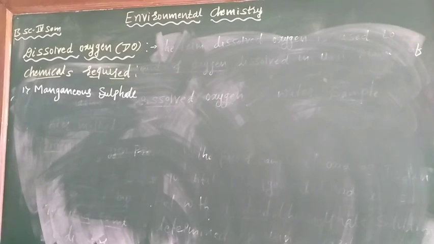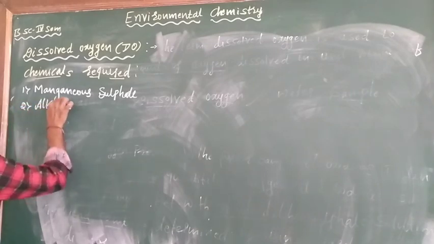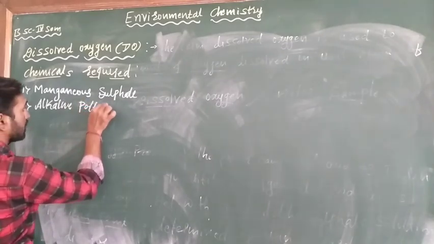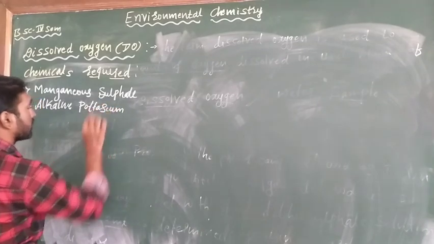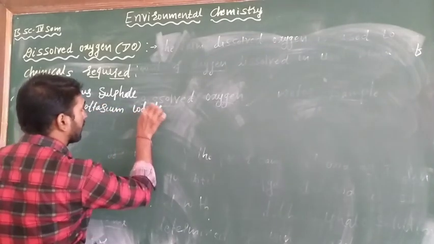Second one is alkaline potassium iodide. Alkaline potassium iodide. And third one is sulfuric acid.